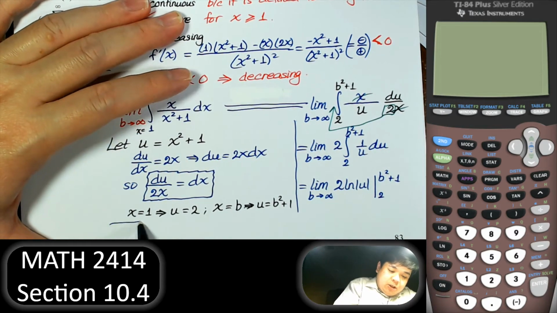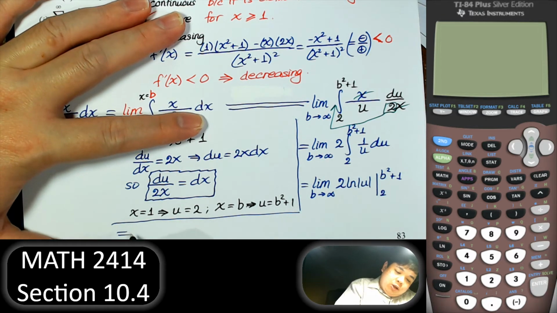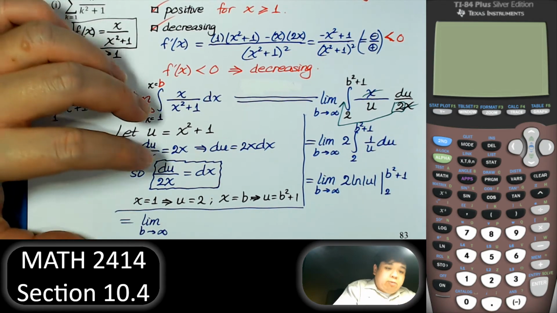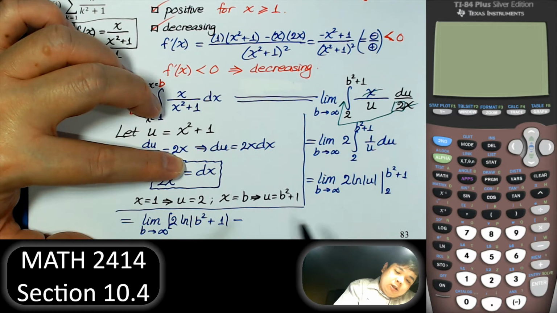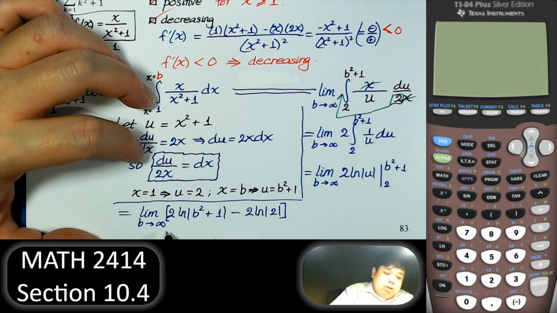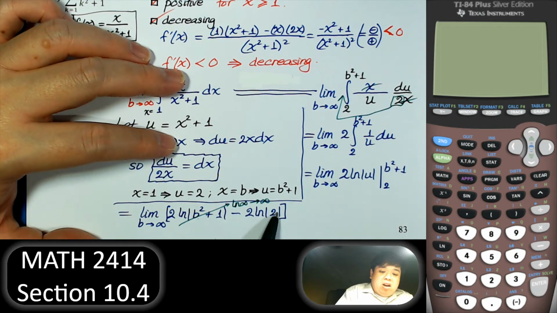And so that continues: equal to the limit as b goes to infinity of 2 ln of b squared plus 1, and then put 2 in. Now since b goes to infinity, ln of infinity is infinity. So we have infinity minus some number here.